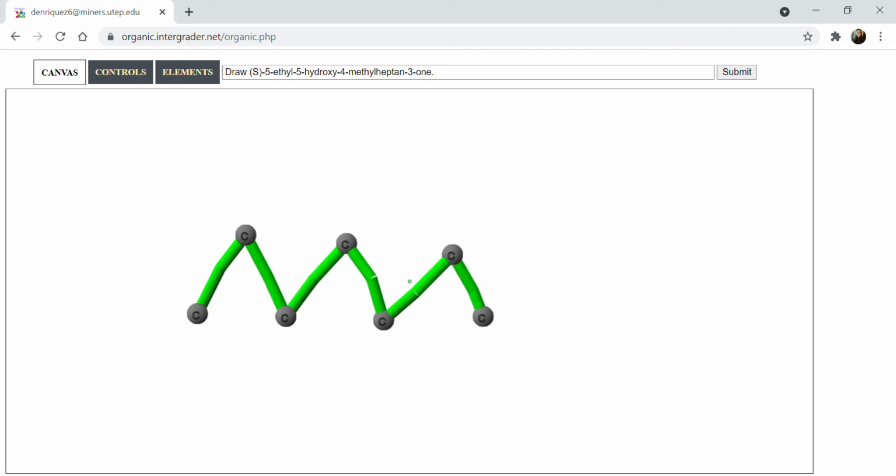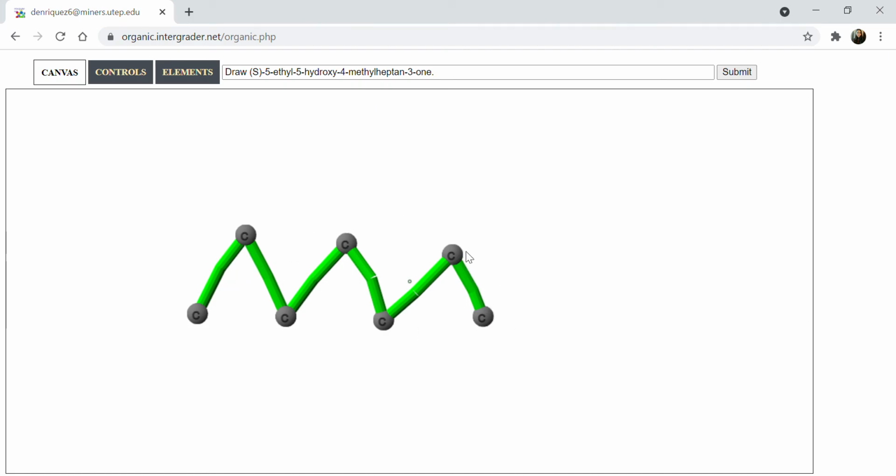Okay, this is a long name, but we'll start with what we know. So heptane, it's 7. 1, 2, 3, 4, 5, 6, 7. I'm going to start bonding everything. And let's see. I'll add my methyl at the 4, so I'm going to count backwards.